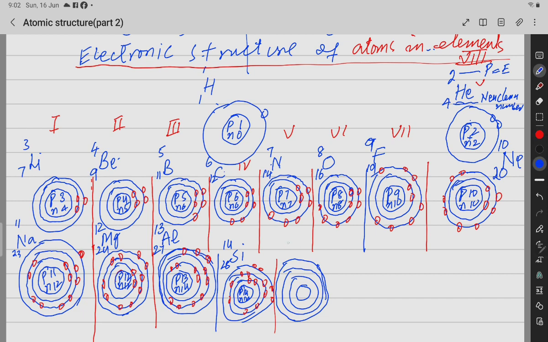This is phosphorus. Phosphorus has 15 and 31. Protons are 15, neutrons are 16. And first shell has 2 electrons, second has 8, and third has 5 because it is present in group 5.